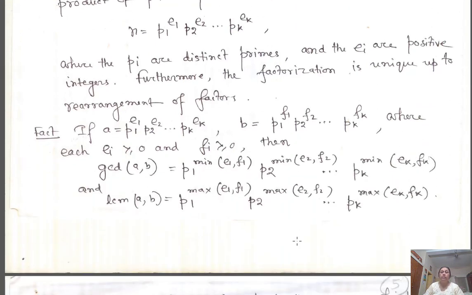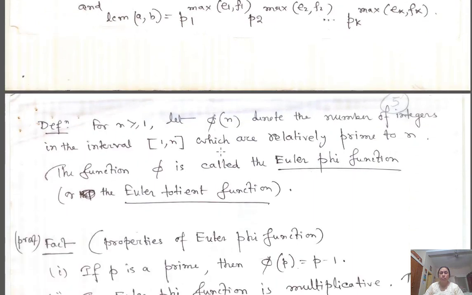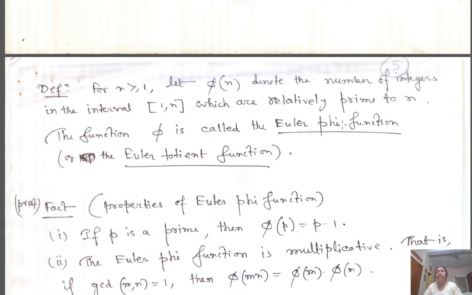Now, these are all well-known things; I will not go through this. I am interested in Euler's phi function, Euler's totient function, denoted by phi(n). Phi(n) is the number of integers less than n and coprime to n.